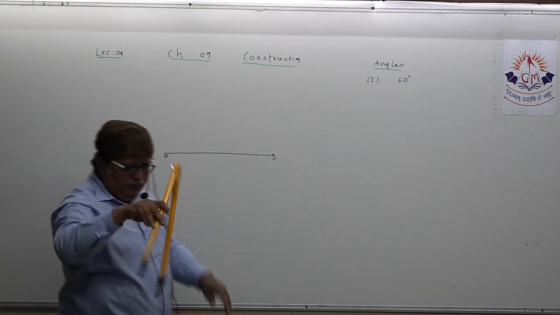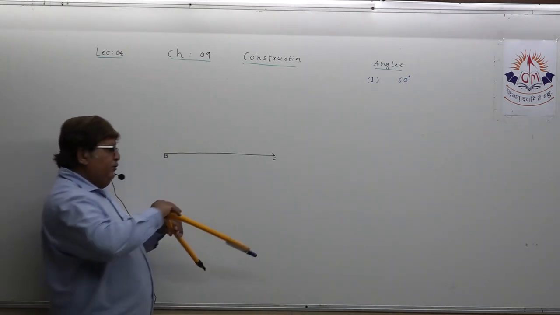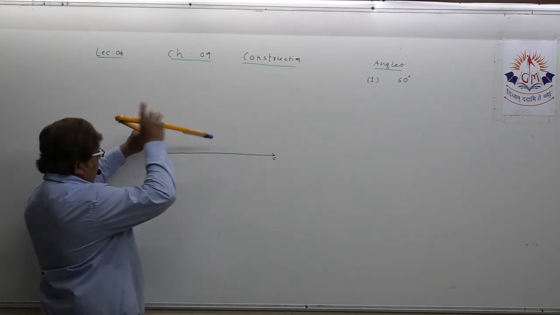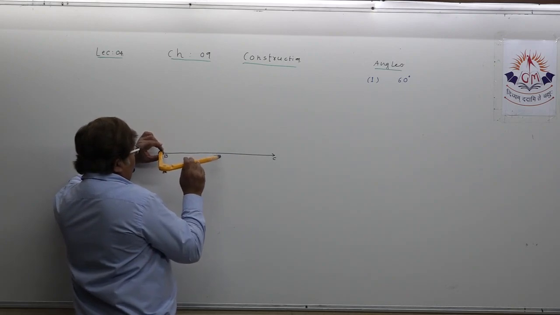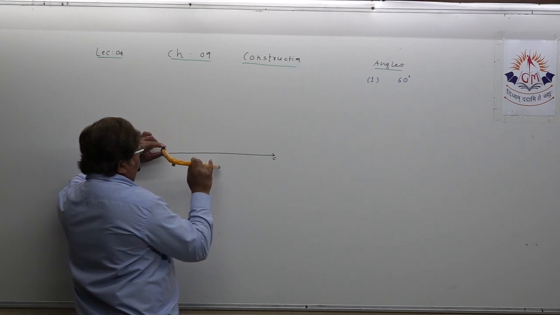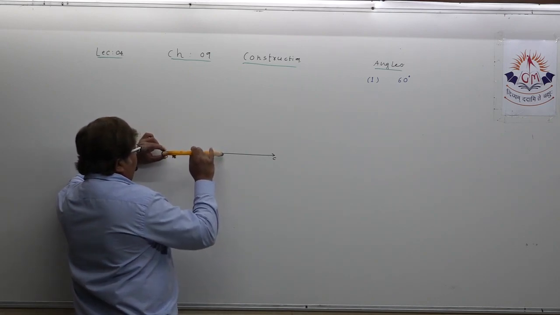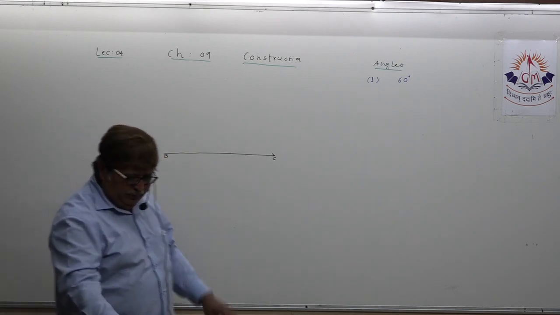You also draw with me. What I told you, after BC is constructed, you do not have to concentrate on taking how much radius. You take any radius of your choice, appropriate, and keeping B as center, you draw one arc, okay?